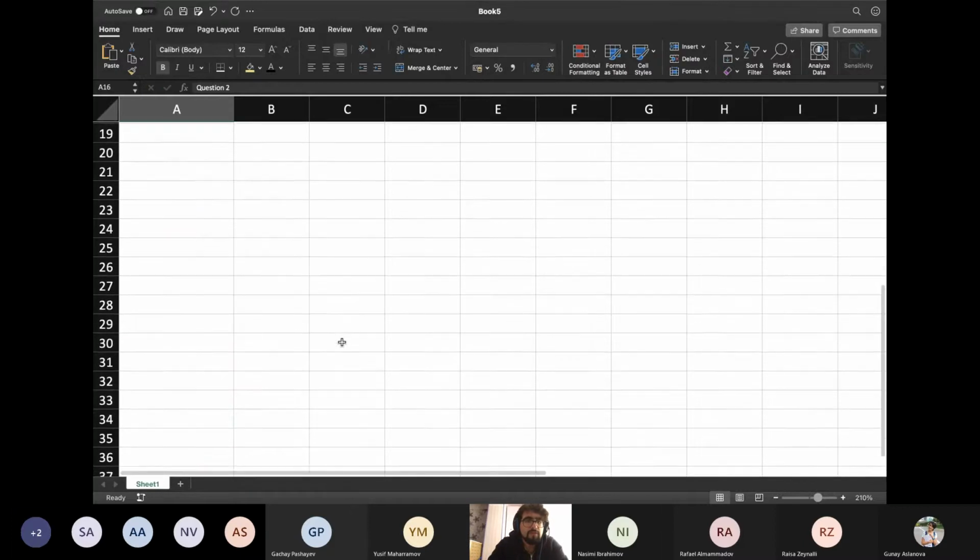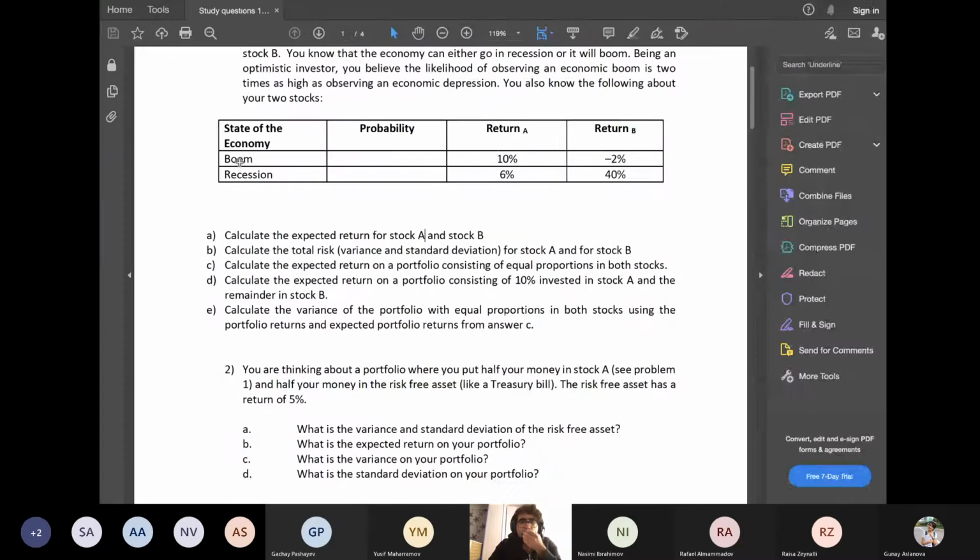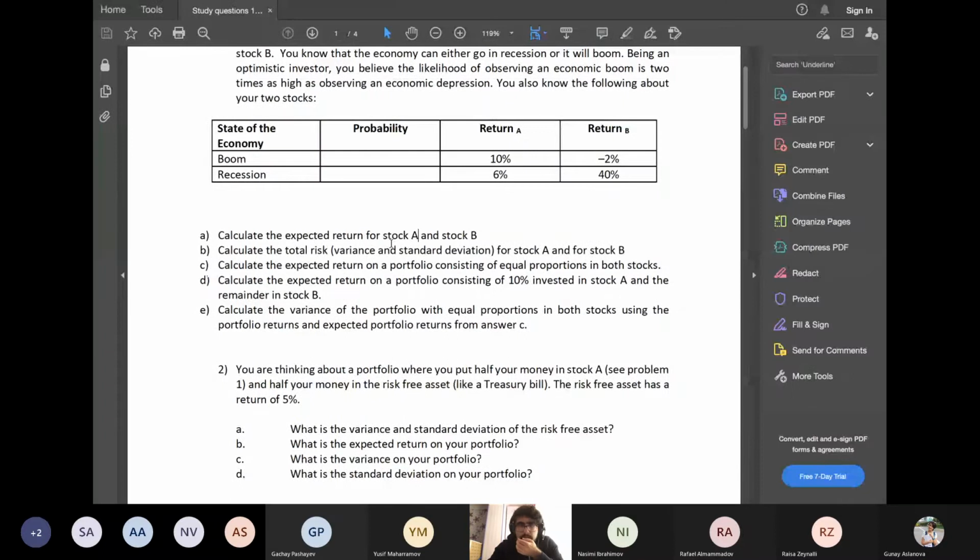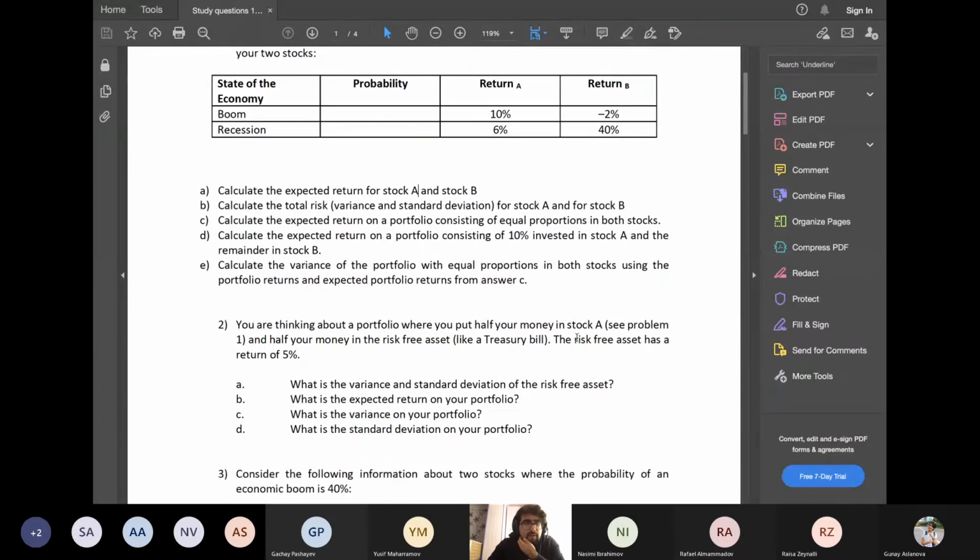Let's switch to question 2. You are thinking about a portfolio where you put half of your money in stock A and half of your money in the risk-free asset, like a treasury bill. Risk-free asset has a return of 5%.